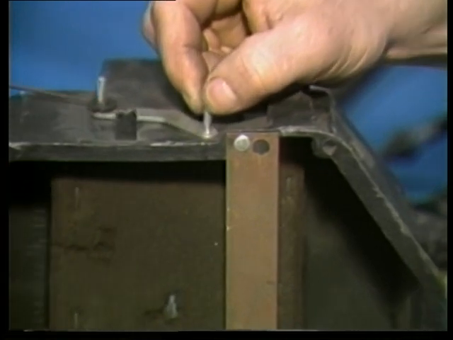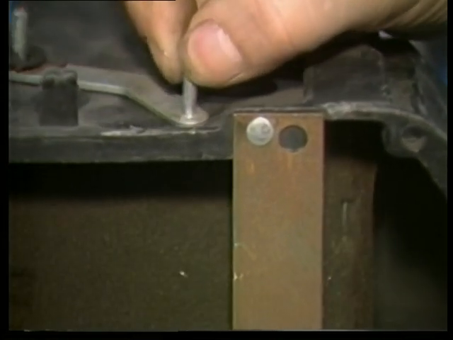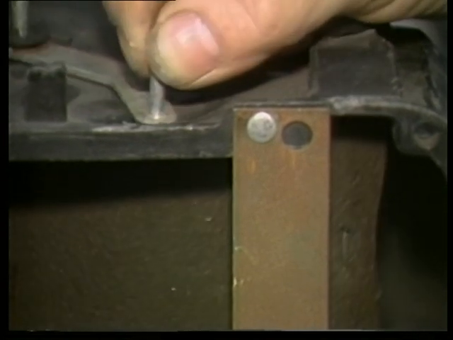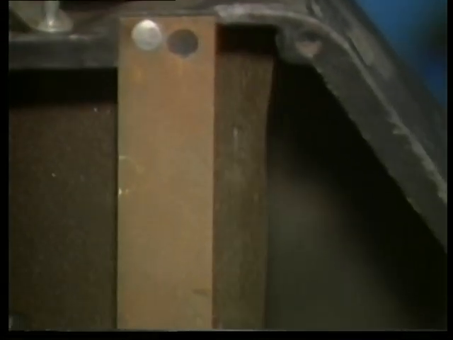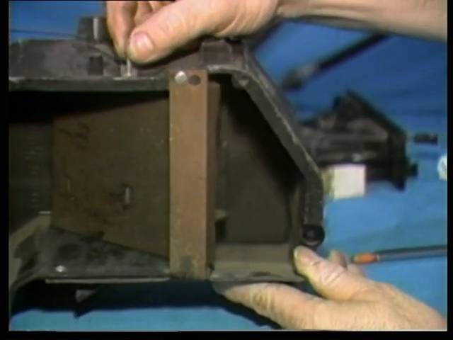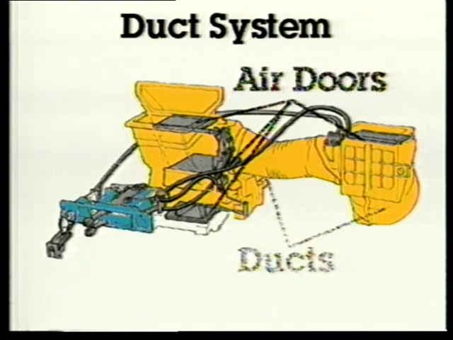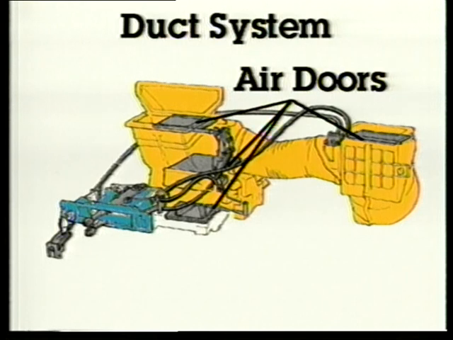Here is one of the flaps that controls airflow to the housing and ductwork. The flaps can be opened and closed by cables, by vacuum motors, or by servo motors. This is a typical duct system. The air doors on this unit are operated by cables attached to the control panel.